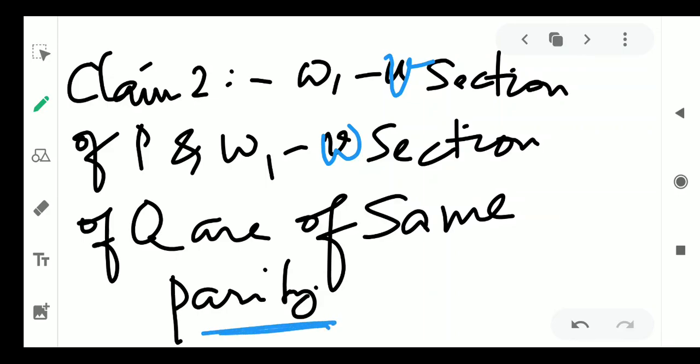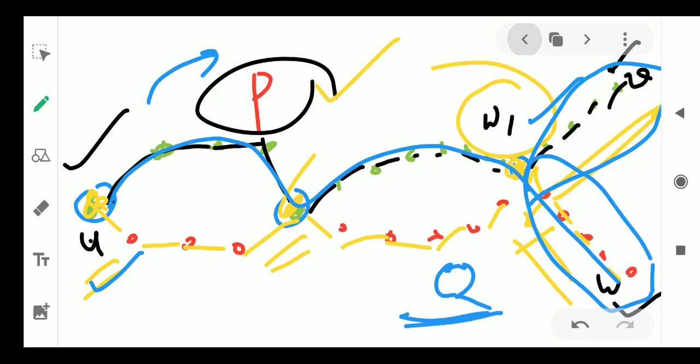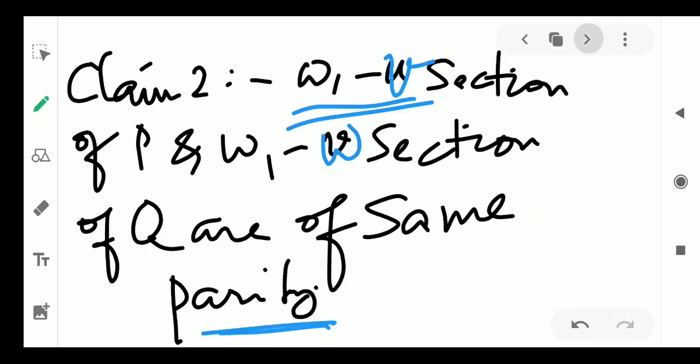Previously, same length. Parity means they will have either odd length or even length. That means if this is odd length, this also must be odd. If this is even, this is also even. That's what we are going to prove.